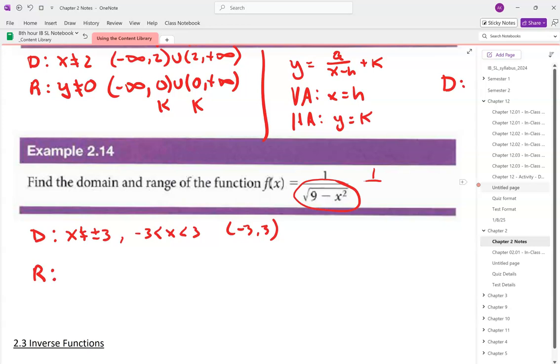It'll be 3, right? When x is 0, 9 minus 0 squared is 9, and the square root of 9 is 3. So 1/3 is going to definitely be either the top or bottom of this range. Everybody okay with that?